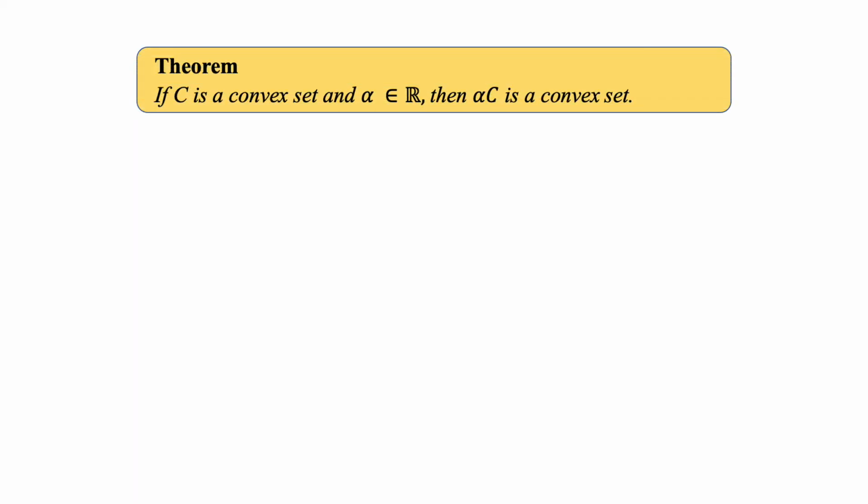Now here is this third result, which says that if C is a convex set and alpha is a real number, then alpha C is a convex set. It is very easy to prove that.